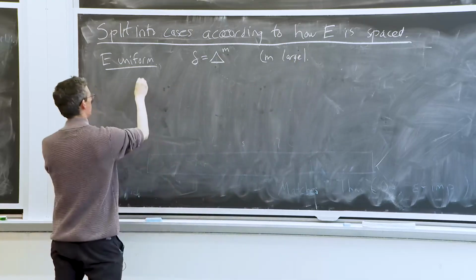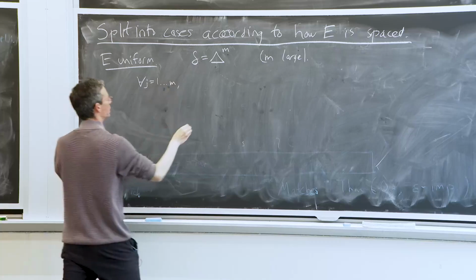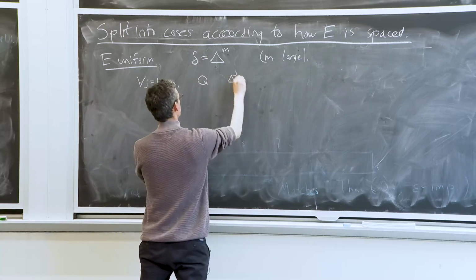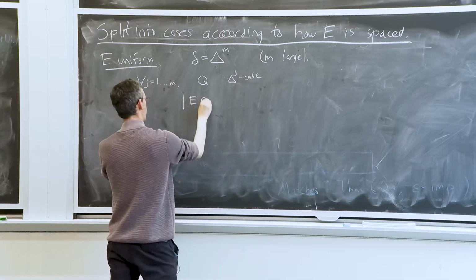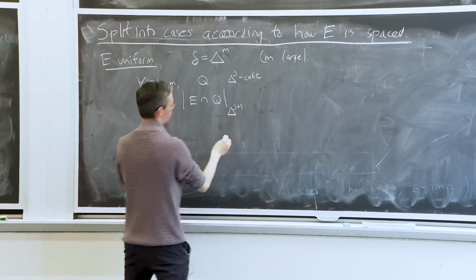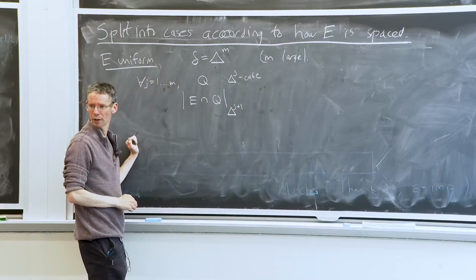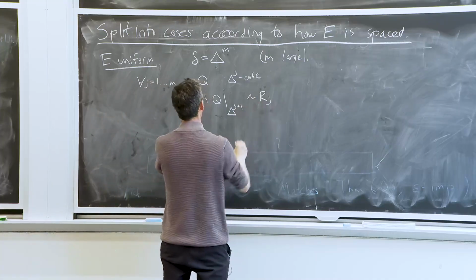And uniform means that for every j going from 1 up to m, and for every Q, which is a delta to the j cube, when I take my set and intersect it with Q, and I cover it with cubes or balls at the next smaller scale, delta to the j plus 1, that is around r_j.